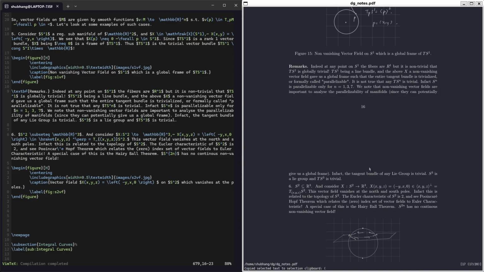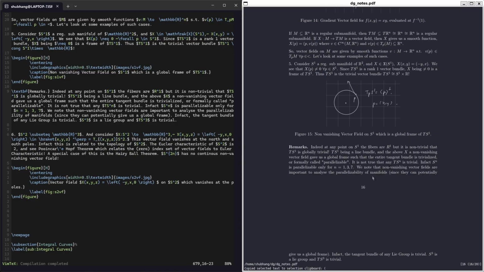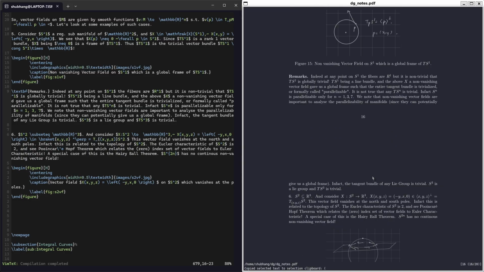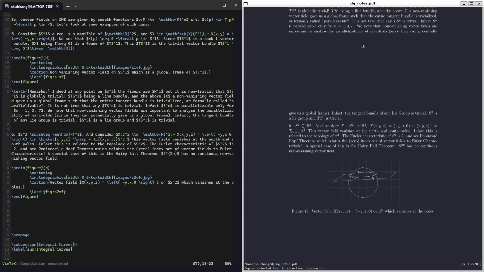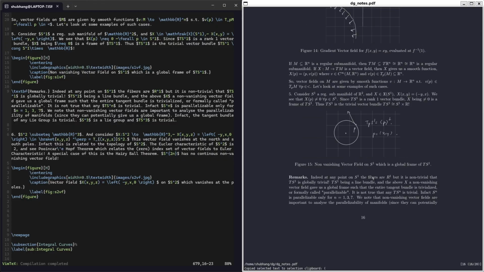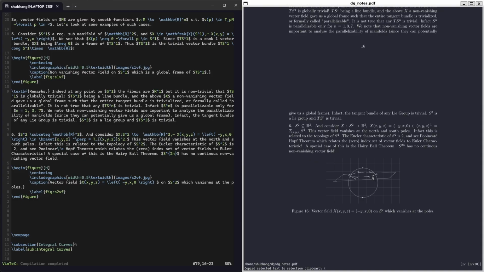This is possible because the manifold is itself a submanifold of Rn, and it follows that the tangent bundle of the manifold is a regular submanifold of Rn cross Rn. So we have seen a few examples: S1 a submanifold of R2, and S2 a submanifold of R3.